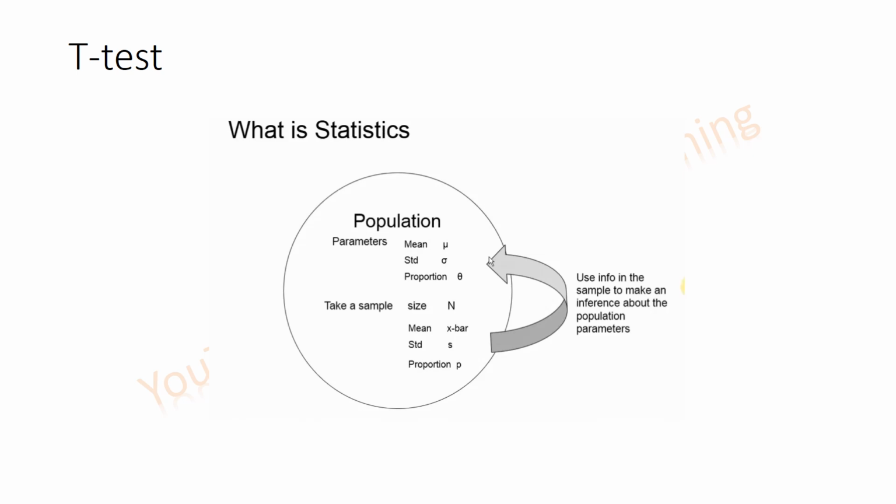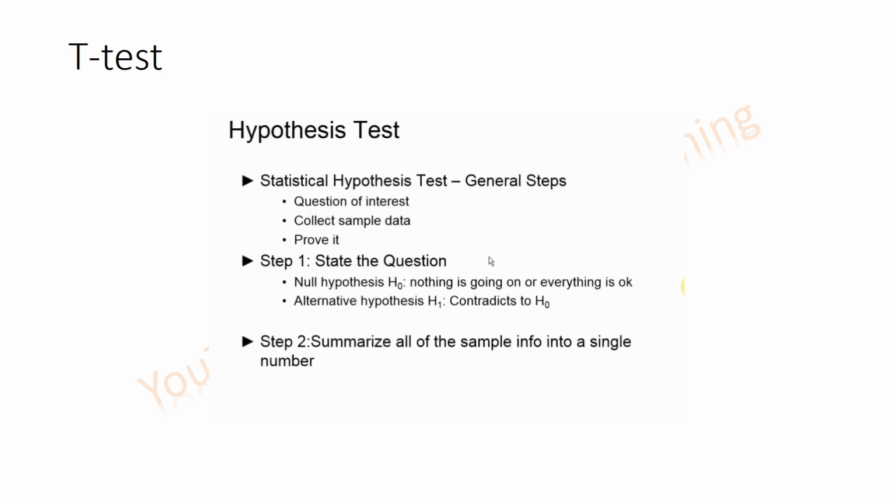statistical approach, or hypothesis test, right? So we understand what is statistics. You use a sample to figure out what's going on with the population, and the whole approach is the hypothesis test. Here I list the general steps. These are the general steps for any hypothesis test. You state the question, you tell what's going on. What do you want to compare?